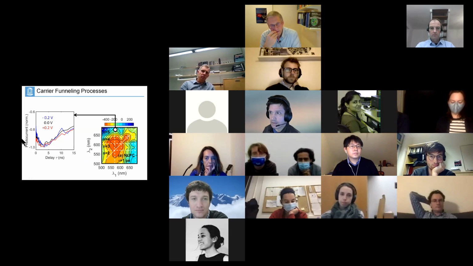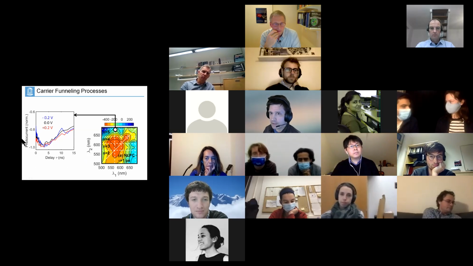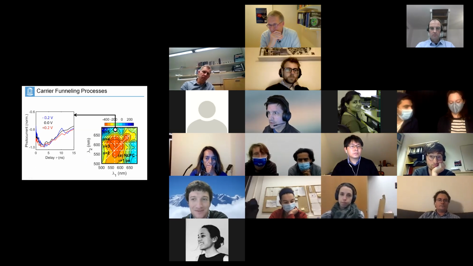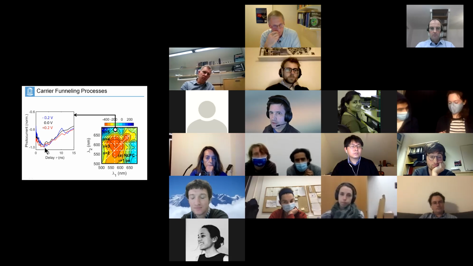And so back to this signature of electron funneling that's observed really everywhere here above the diagonal. It's most pronounced in this cross peak because of the large difference in the indices of the quantum wells. What you see here is, I'd shown earlier that we had detected the rising component of the signal at 3 nanoseconds.